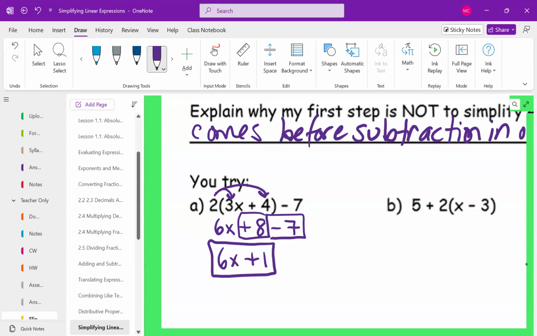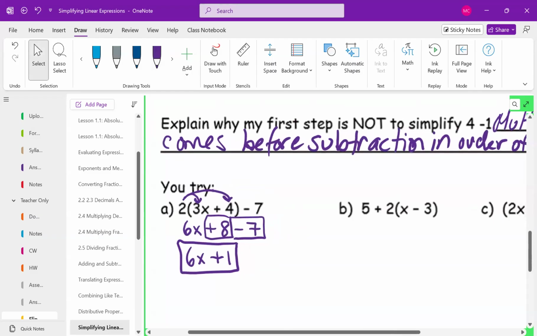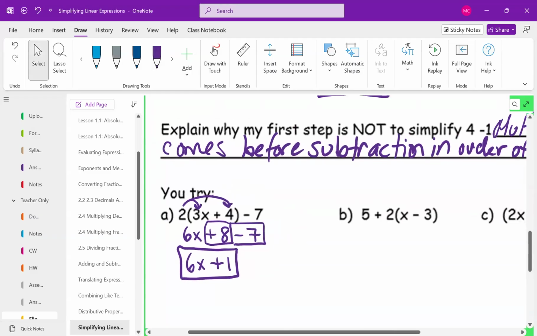Take a look at B. What's the first thing we should do on B? Good. See if you can simplify. It's very similar to the example we did up here.